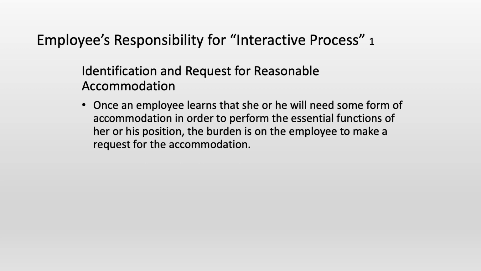Both the employee and the employer really must work together to identify what the reasonable accommodation is, what the range of reasonable accommodations would be, what's the minimum that would be needed by the employee to be able to do the essential functions of that job. The burden is on the employee to request the accommodation. The employer cannot read their mind, and particularly if it's a non-obvious disability, it is important for the employee to make the case for what they need and why.